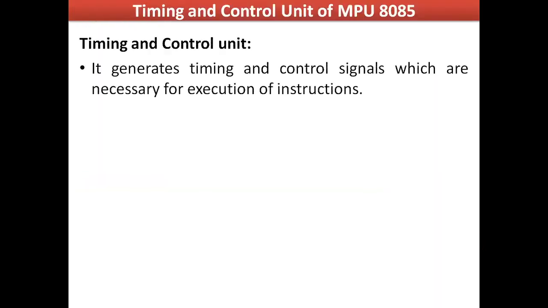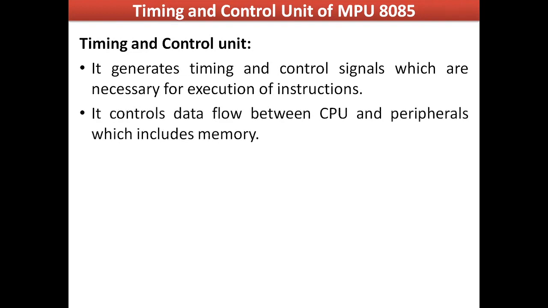Now what is the purpose of the timing and control unit? The timing and control unit is necessary for execution of all the instructions that are possible in 8085. In 8085 we have a hardwired control unit. That means all the instructions are defined inside the control unit.